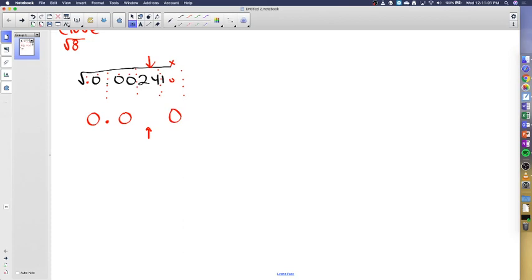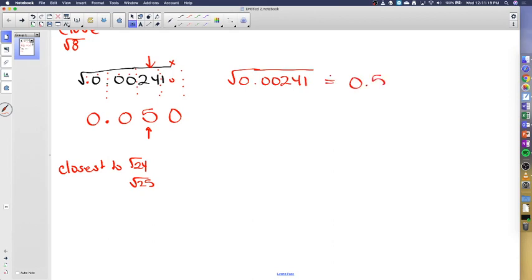So really what I'm looking for is the square root that is closest to the square root of 24, and the closest to square root of 24 is the square root of 25, and that value is 5. So the square root of 0.00241 is approximately 0.05.